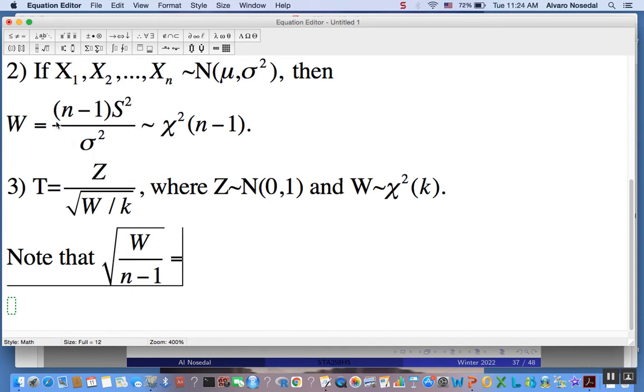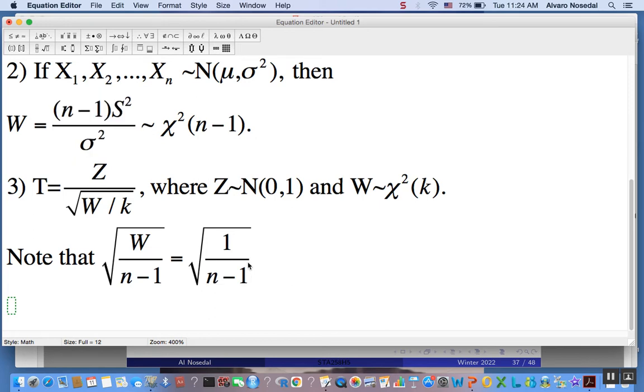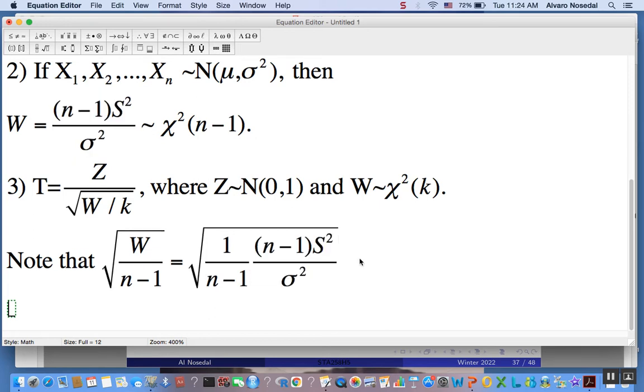note that this is the same as the square root of 1 divided by n-1 times this, right? So these guys cancel out. So we end up with the square root of s squared divided by sigma squared.